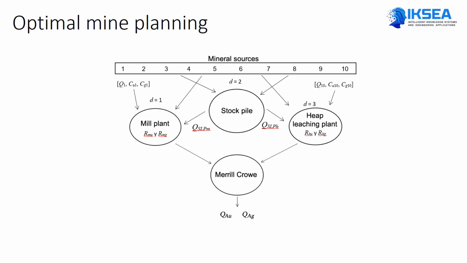In its simplest formulations, and when the problem is solved statically, that is to say, not predictively until the end of the mine's life, linear programming is typically used. However, in its entirety, it is a non-linear problem, and since it involves integer variables such as the indices that identify the ore sources or the processing plants, it is actually a mixed integer non-linear program problem.